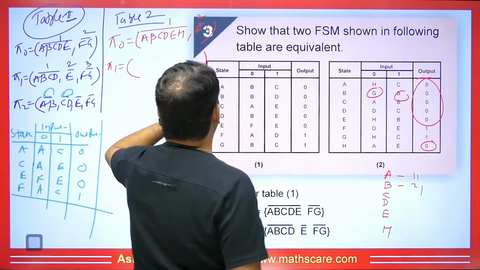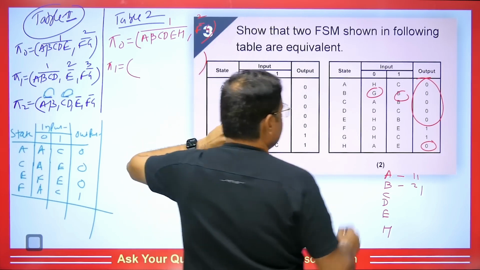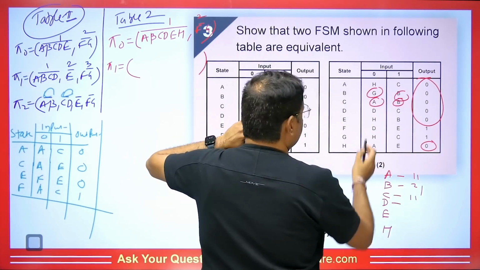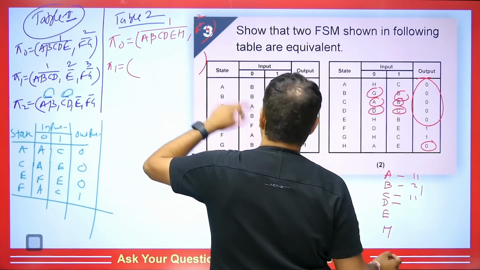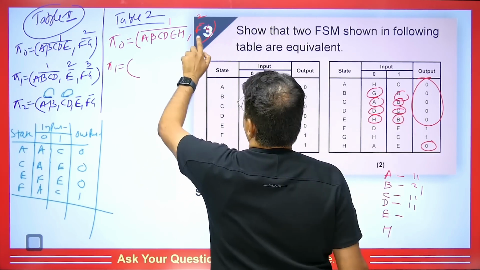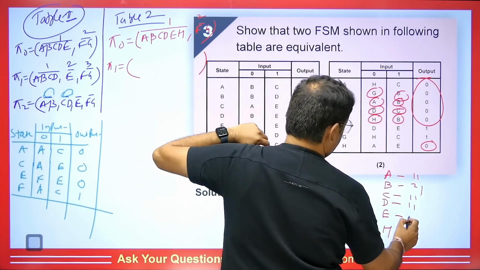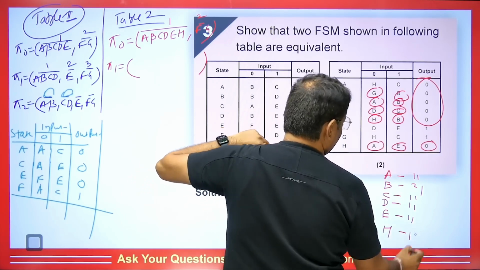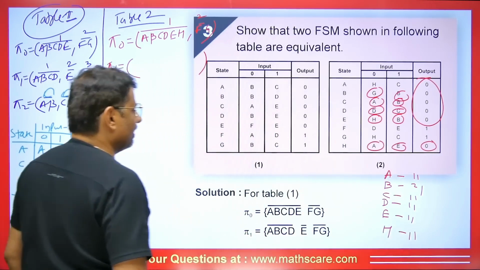I think it will be 2, 1. Next, we will talk about C. C is coming to be AC here, so it will be 1, 1. Now if we talk about D, it's DC. So clearly this will be 1, 1. If we talk about E, it's HB. Here is H and here is B. This will also be 1, 1. Right? Now let's talk about H. This is AE, hence this is also 1, 1. So there is no need to take tension.